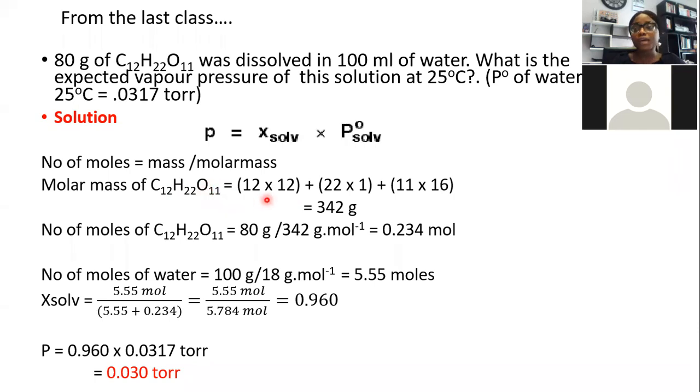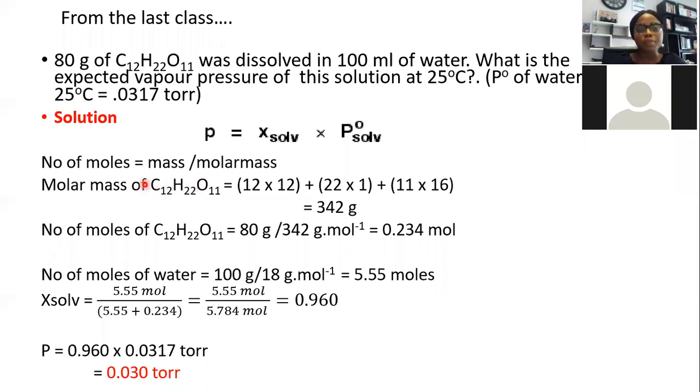So in order for us to calculate the molar mass, we need to multiply the atomic mass of each of the constituents. Now, the constituents of this sugar are carbon, hydrogen, and oxygen. So we need to multiply the atomic mass of each of the constituents with their number of moles.